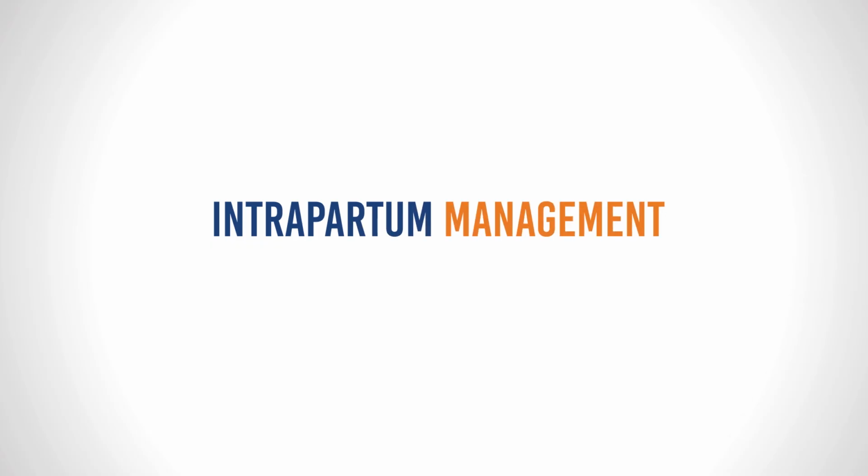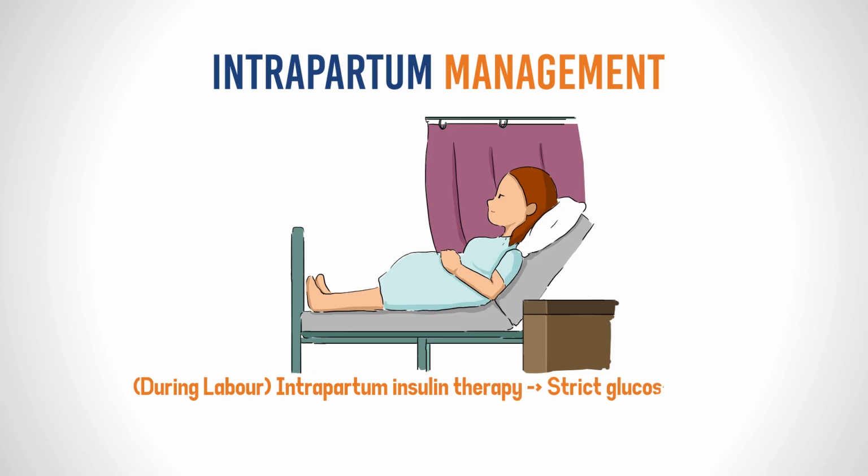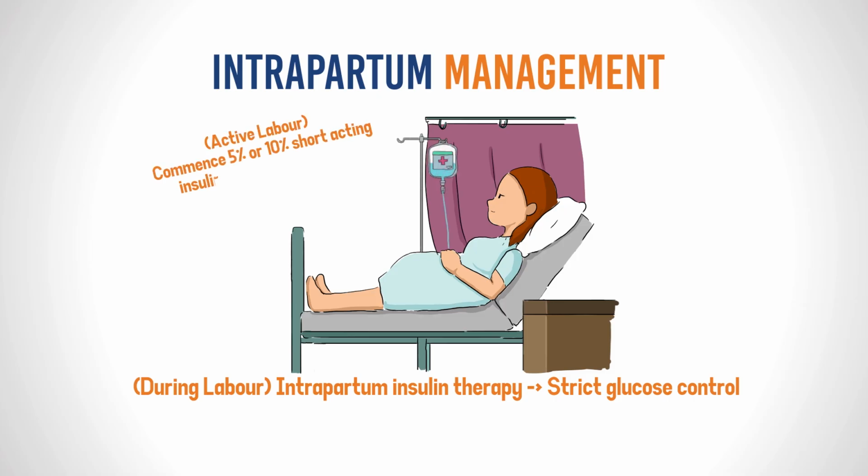Intrapartum management. The goal of insulin therapy during labor is strict glucose control, regardless of whether the woman is induced or arrives in spontaneous labor. Once in active labor, a sliding scale of intravenous short-acting insulin infusion and dextrose, 5% or 10%, is commenced.